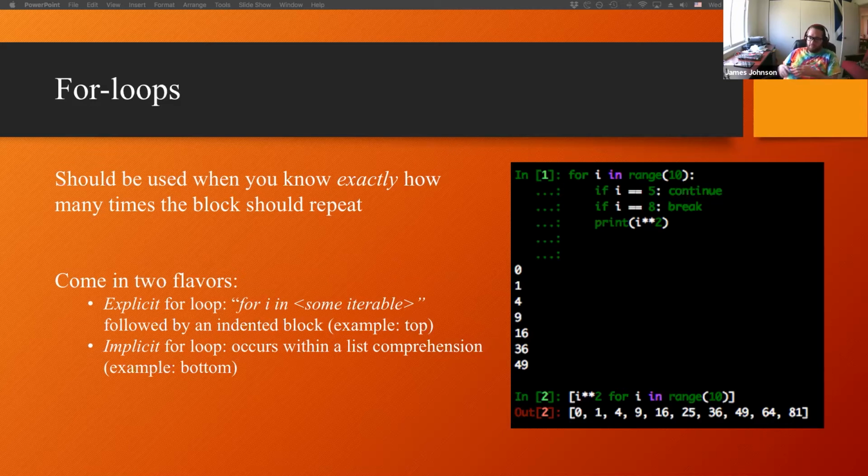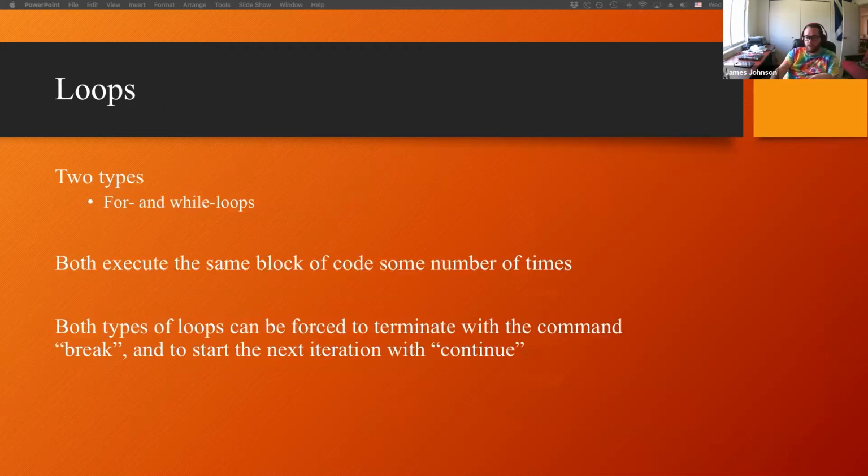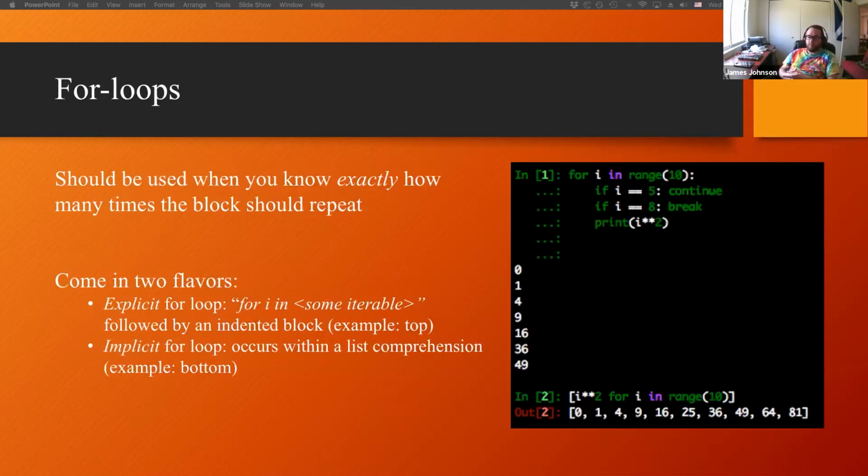While loops in general, like I said on the previous slide, come in two types, for and while. But for loops themselves also come in two flavors in Python. They're often referred to, I don't think this is standard nomenclature, as explicit versus implicit for loops. Implicit for loops are what you have probably seen before, which occur within a list comprehension.